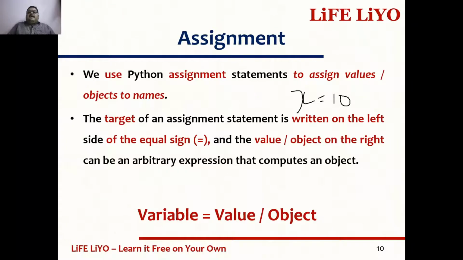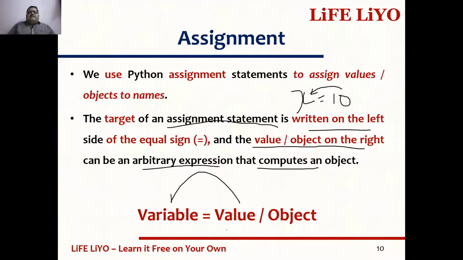The value 10 is going to be assigned to x. The target of an assignment statement is written on the left side of the equal sign, and the value or object on the right can be an arbitrary expression that computes an object. So whatever value you take is going to be kept inside the variable.